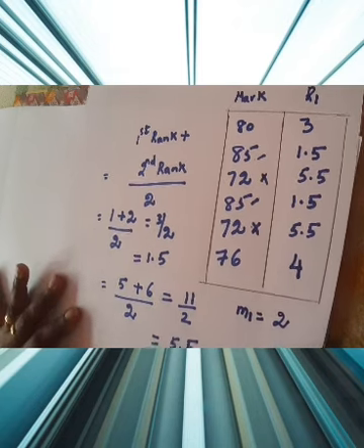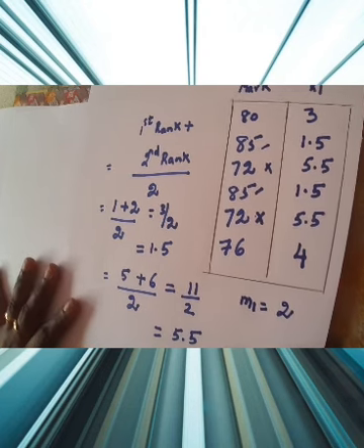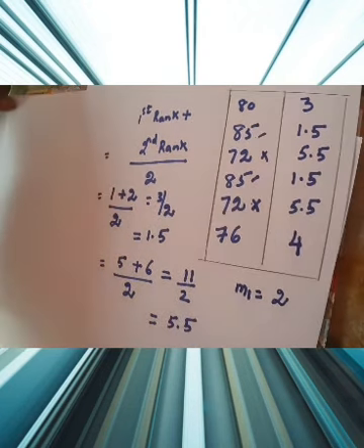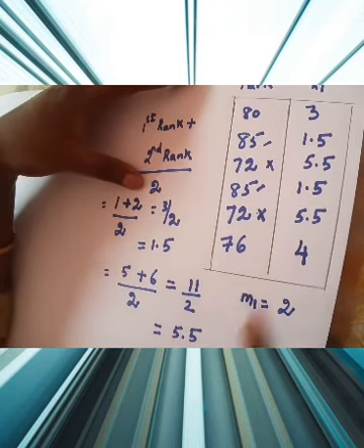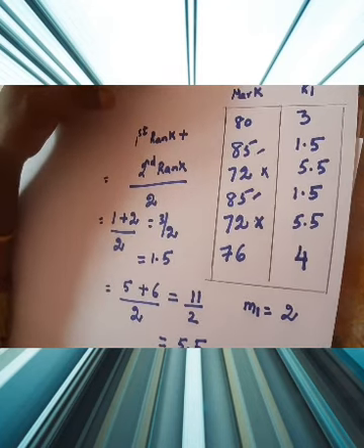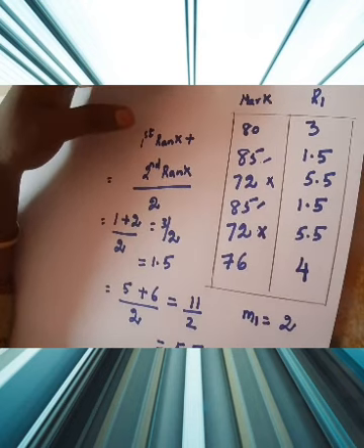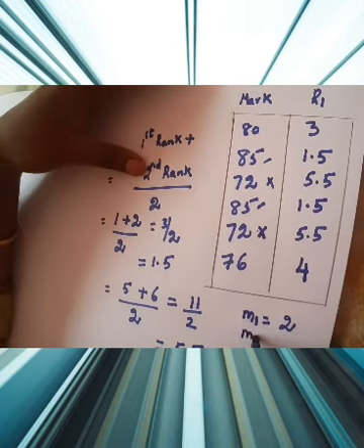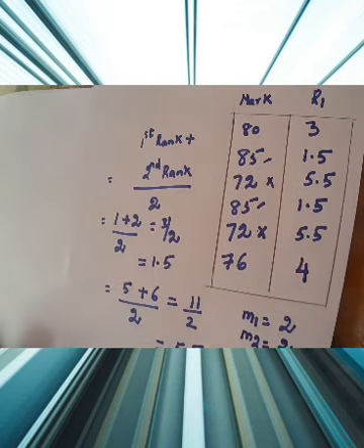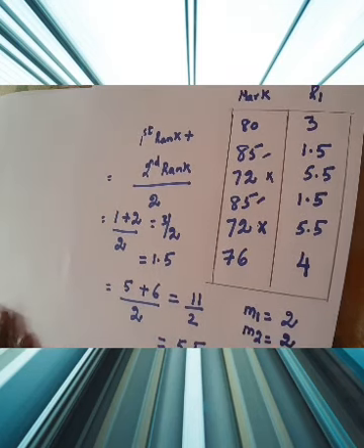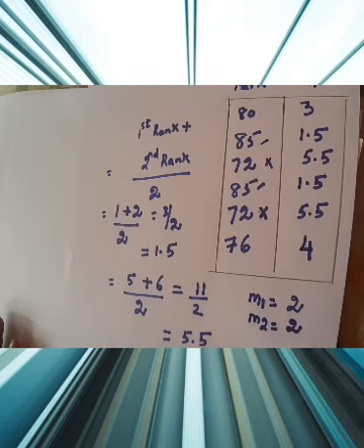Similarly, what else is repeated? 5.5 is also repeated 2 times. So I'm going to write m2 as 2 because 5.5 is also repeated twice.